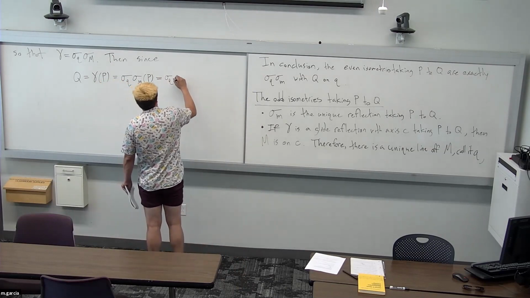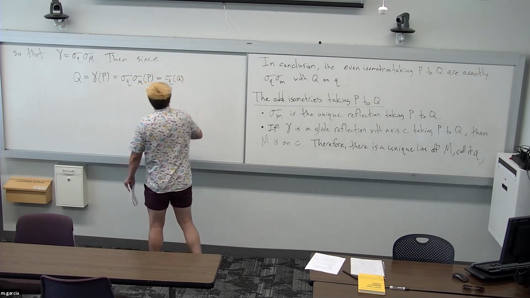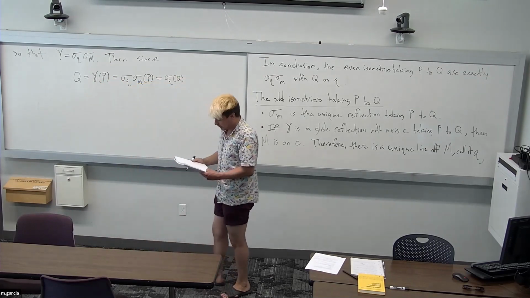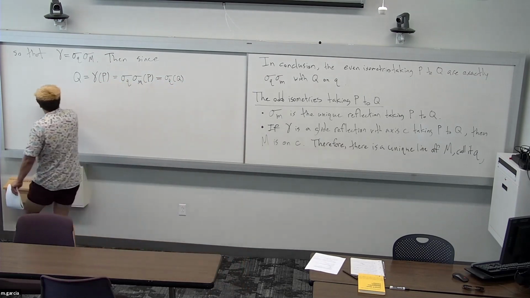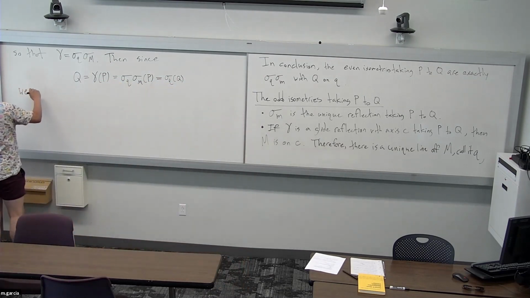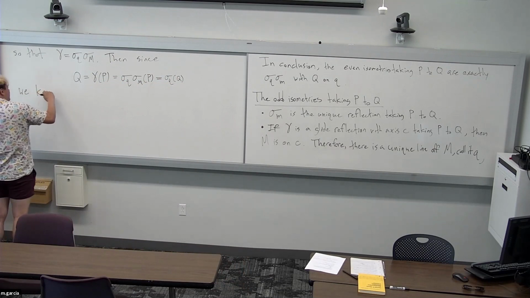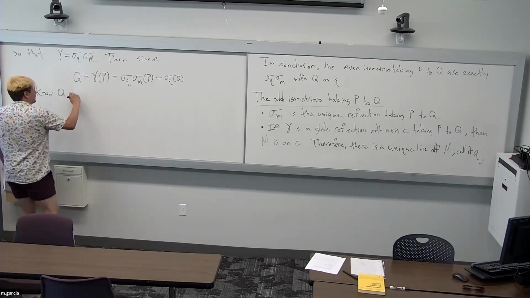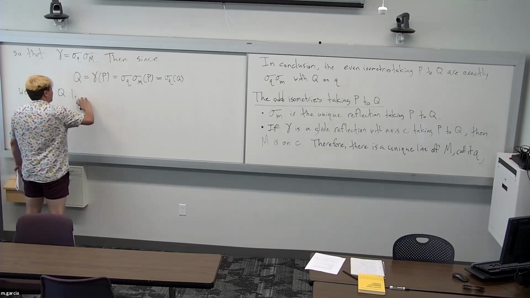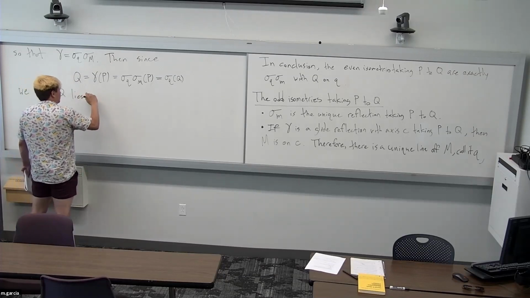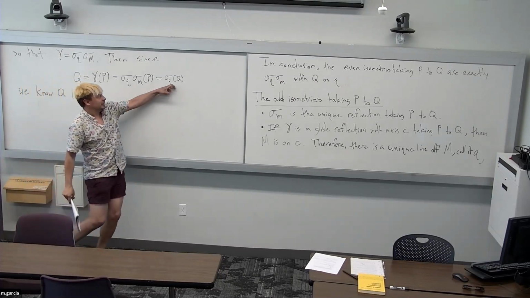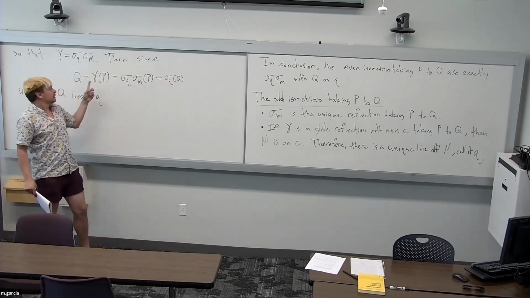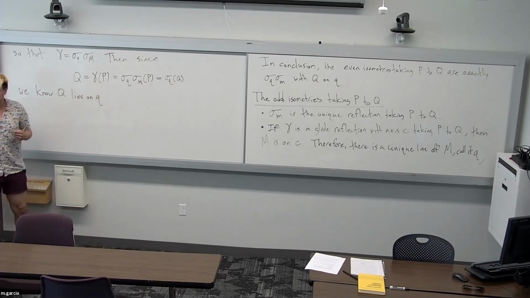So Q equals sigma q of Q. So again, what we see is we know Q lies on little q, because the reflection in little q fixes Q, so it has to be on the line q as well.